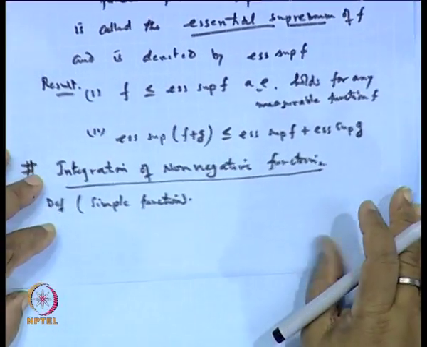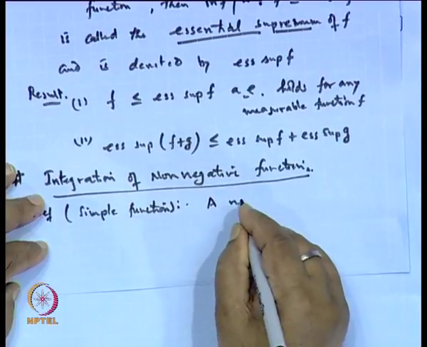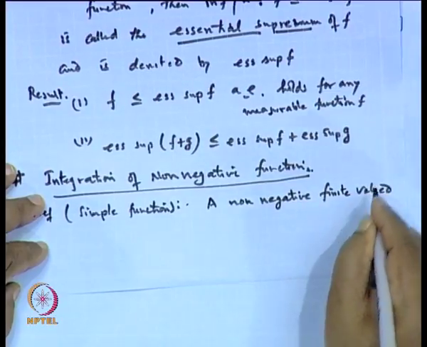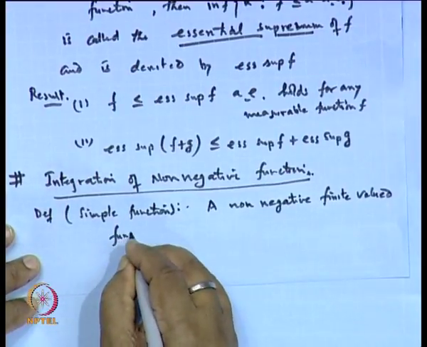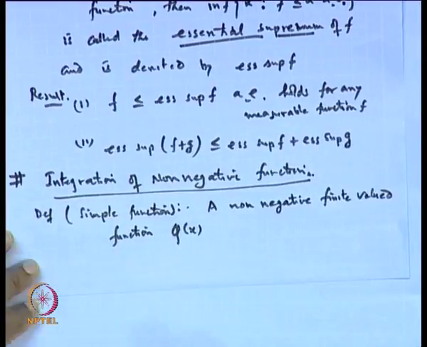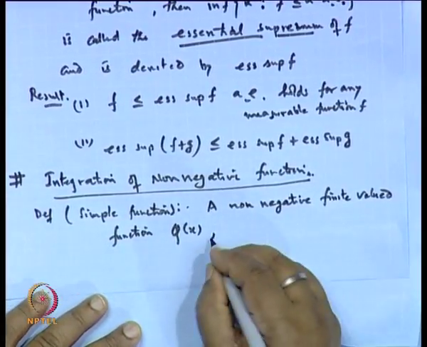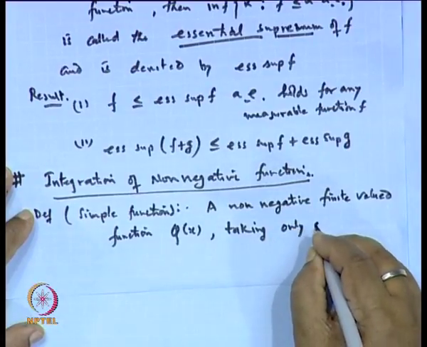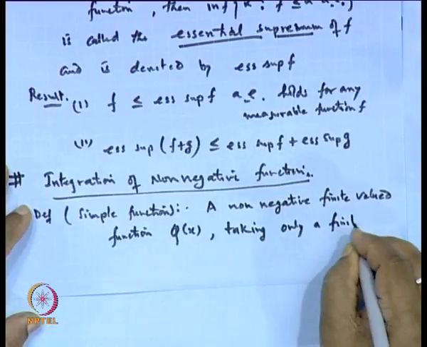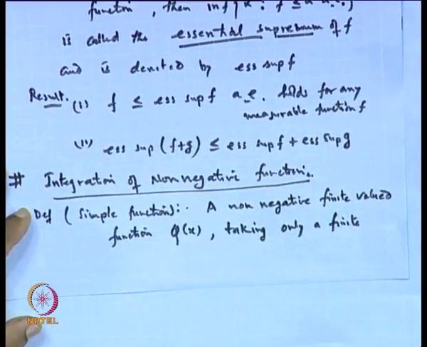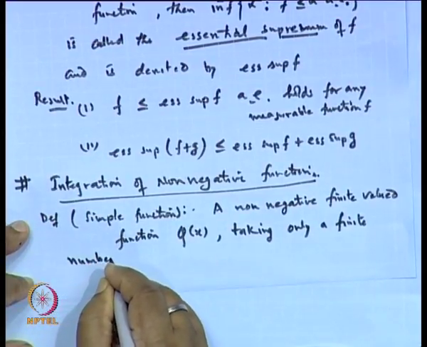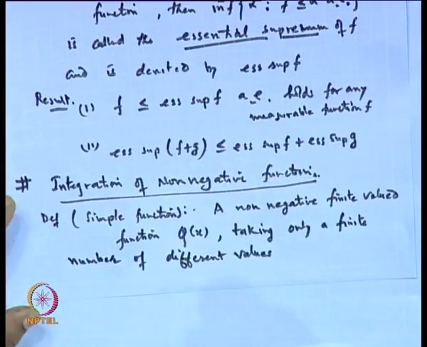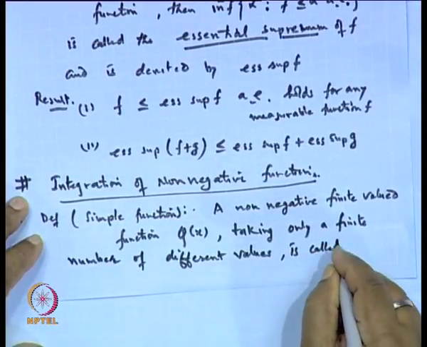A simple function is a non-negative finite valued function phi x, taking only a finite number of different values, called a simple function.